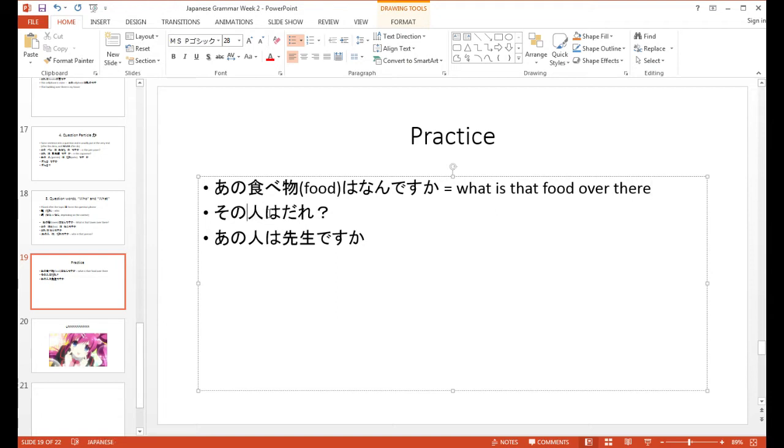その人は誰ですか? 人 is person. It's pronounced as hito. I realize I'm using kanji without telling you how it's pronounced. So this kanji is pronounced as hito, like that. Who is that person?